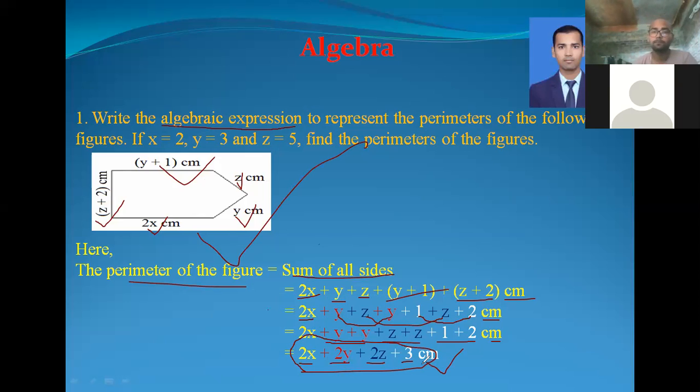Then after, at the place of x, y and z, we have to replace such variables by their values, which are x is equal to 2, y is equal to 3, and z is equal to 5. So let's evaluate the expression 2x plus 2y plus 2z plus 3 by their values to find the accurate answer.